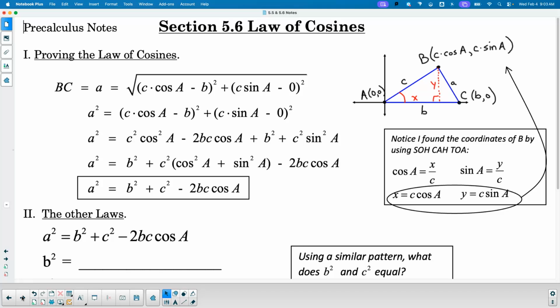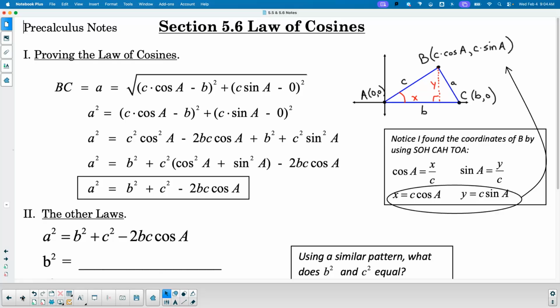We'll call that point B. If we label the sides A, B, and C, then side B would be along the x-axis. That's crucial because it gives us a 0 for the y value for all of those points. A is at the origin. That gives us 2 more zeros for x and for y.